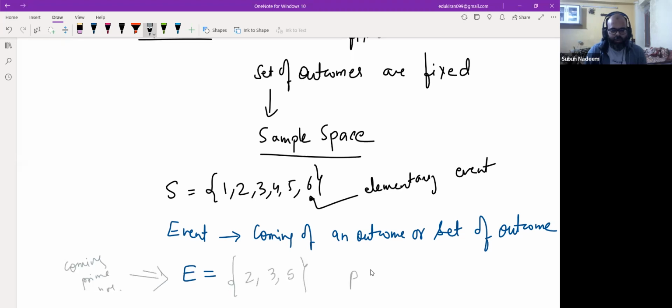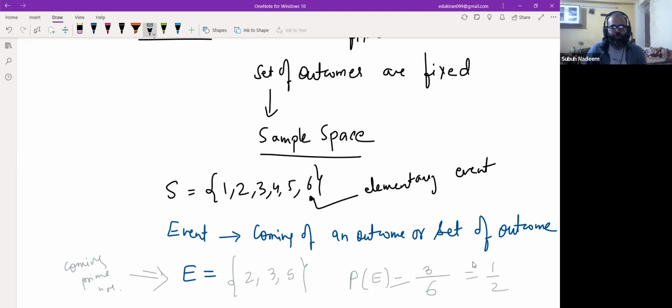Now what is the probability of E? 3 is the number of outcomes favorable to the event E, and the total number of elements in the sample space is 6. So it will be 1/2. Like this, we can find the probability of an event.